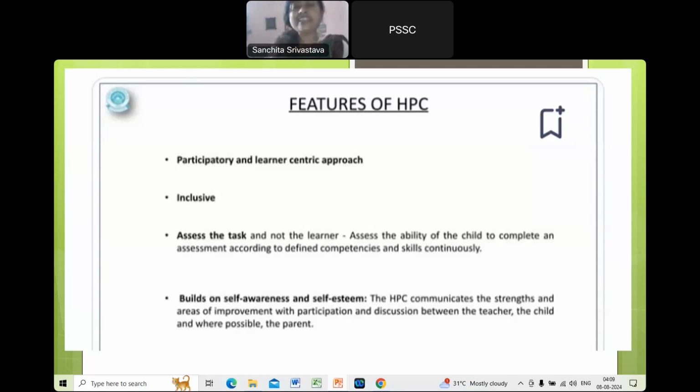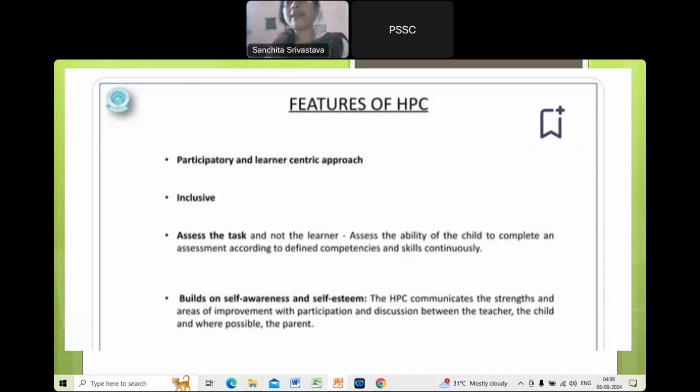See, three things have to be together: the child, the parent, and the teacher. Why? Because these are the three inevitable points when we are discussing a child's progress card. A progress card is created by a teacher who, as an observer, observes the day-to-day development or improvement of the child, right?